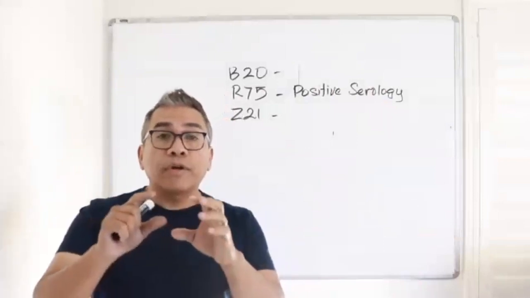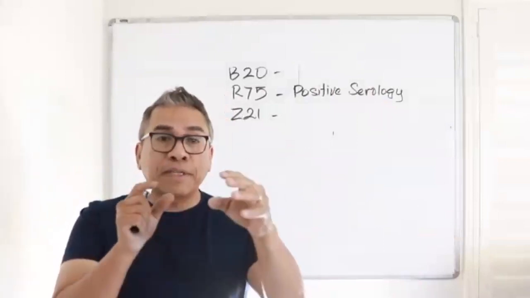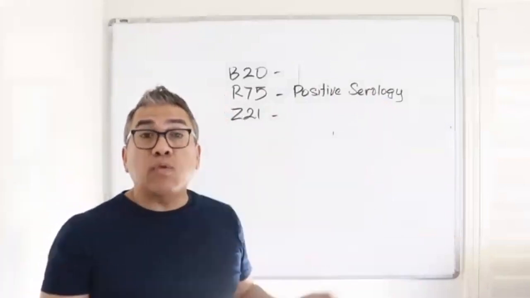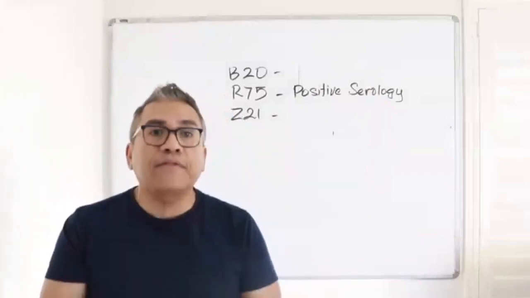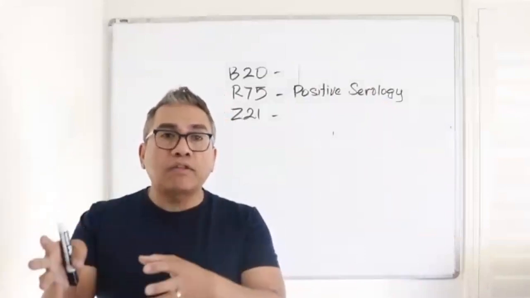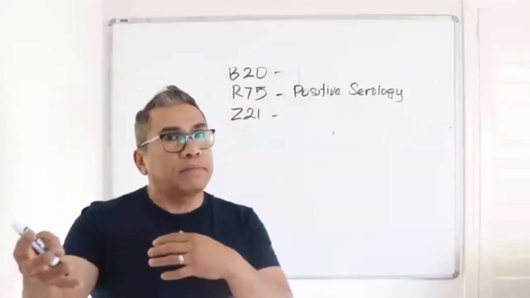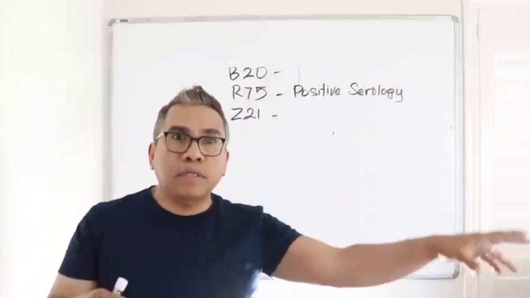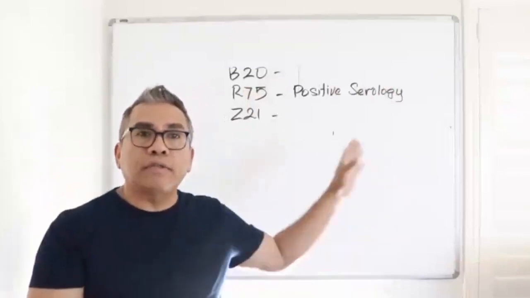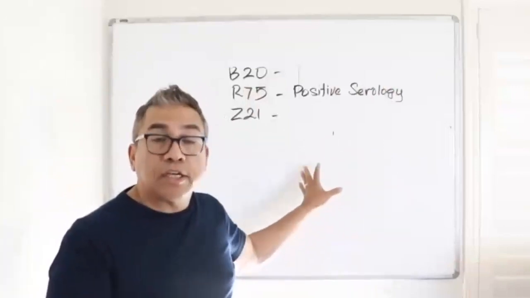The coder for that particular encounter, instead of assigning Z21 or B20, will assign the R75, because this positive serology needs to go to another lab to run more tests to confirm whether this is really HIV or not.